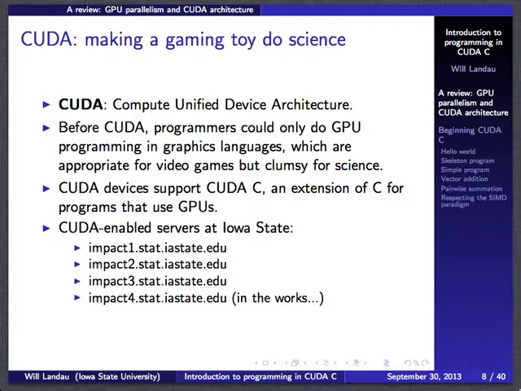This summer, I wrote a Markov chain Monte Carlo program in CUDA C, and I made the mistake of coding it only on Impact 2 with CUDA 5. It's apparently not backward compatible. The way I did it wasn't backward compatible. My program doesn't work on versions of CUDA that are less than 5.